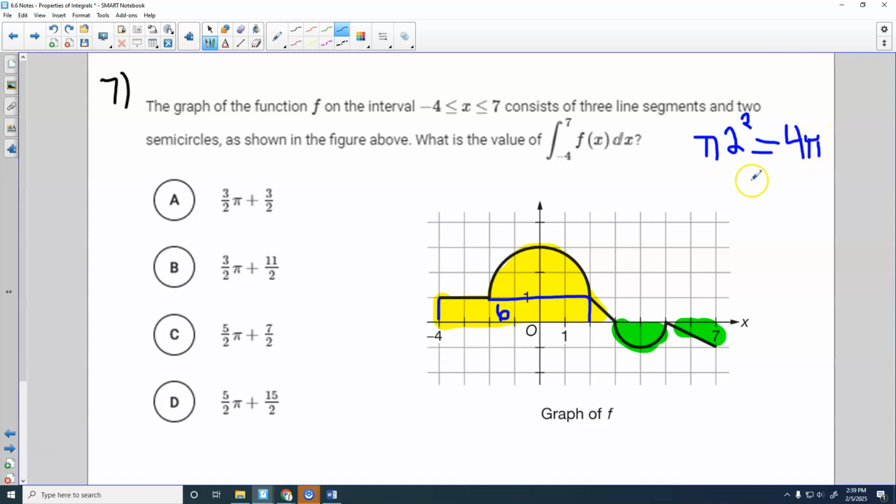It needs to be divided by 2, so we're just going to get 2 pi here. Both of those are positive because they're above the x-axis. I'm just doing area formulas. I also need this little tiny piece of the little triangle here. What's that one going to be? Half.